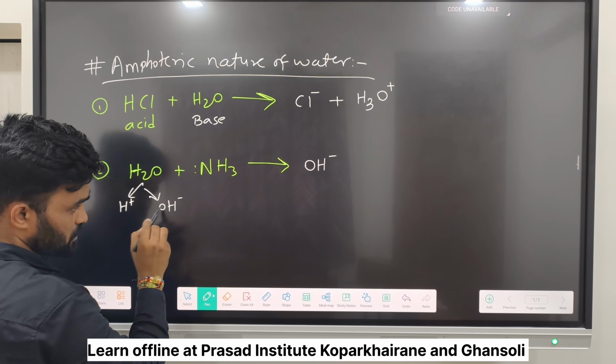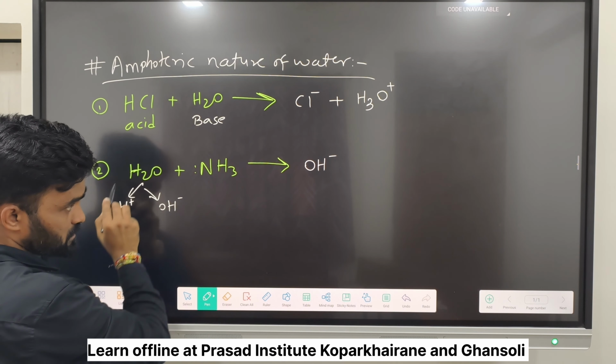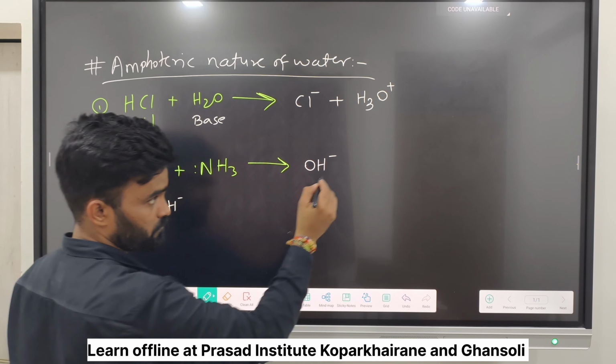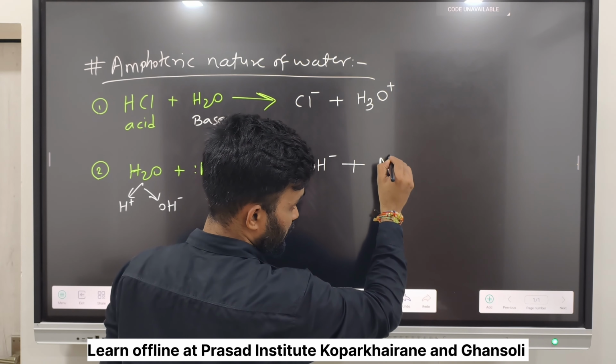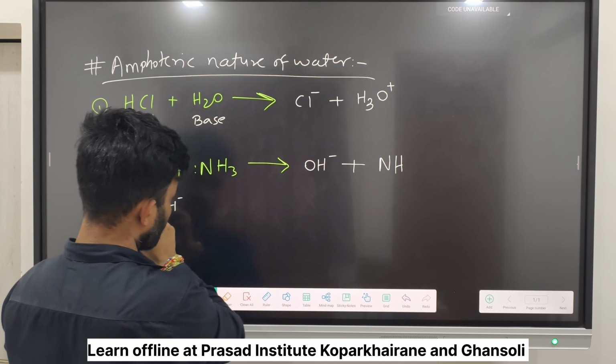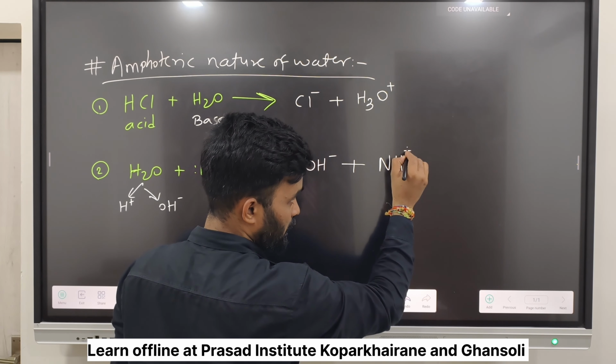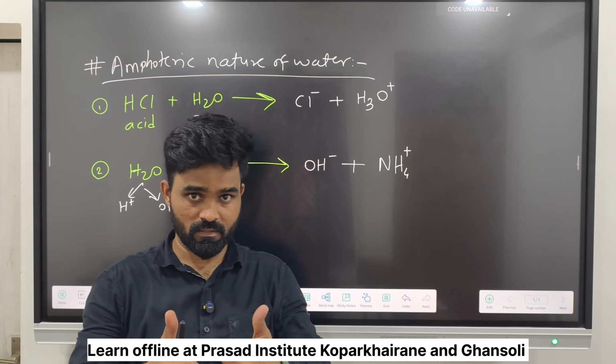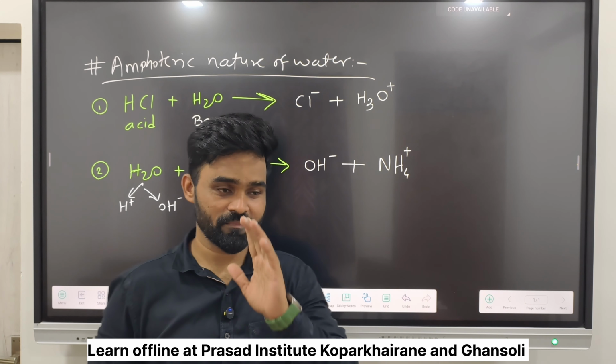OH minus. The H plus ion is accepted by nitrogen. So we get NH4 plus.